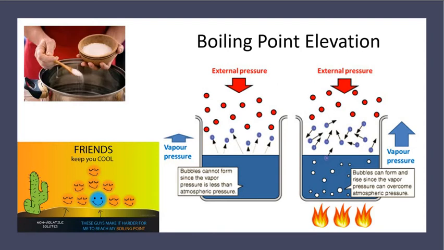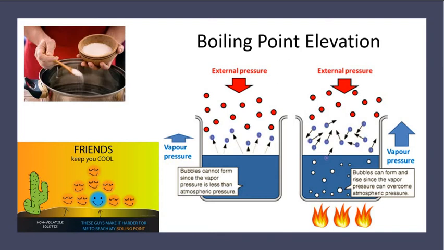Now, bubbles can't form when you're heating something up because the vapor pressure is low. So what ends up happening is you have to make it hotter and hotter in order to increase the pressure so that it's the same as the atmosphere.